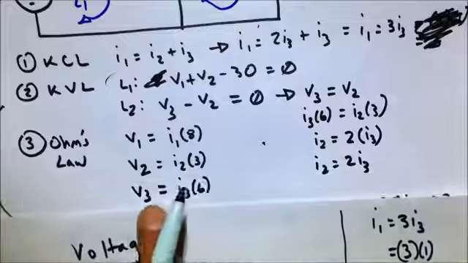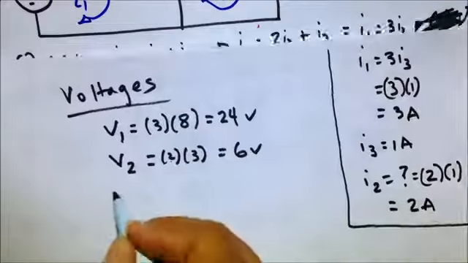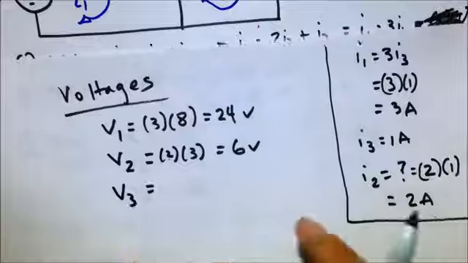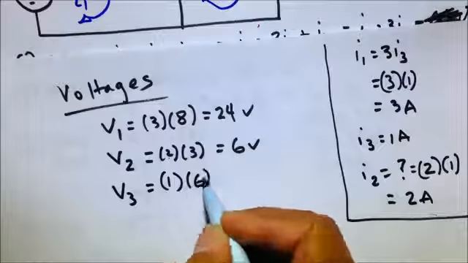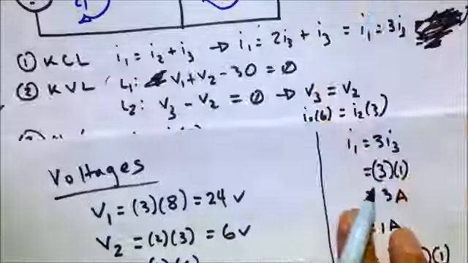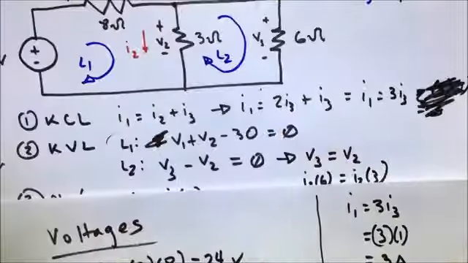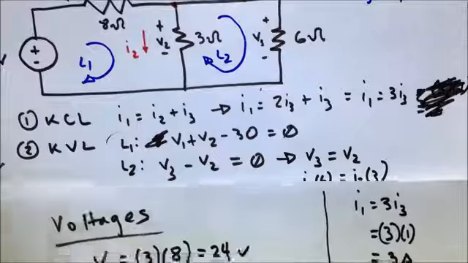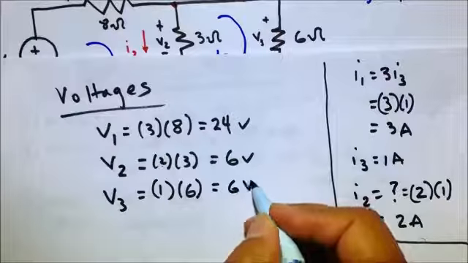And then the last one is V3. V3 equals I3 times 6. So V3 equals I3, which is 1 amp, times 6 ohms, because that's what we had in the original circuit for the resistor. This equals 6 volts.